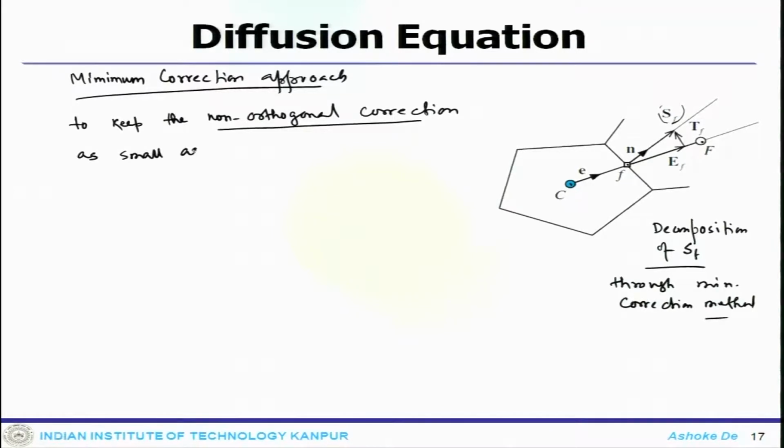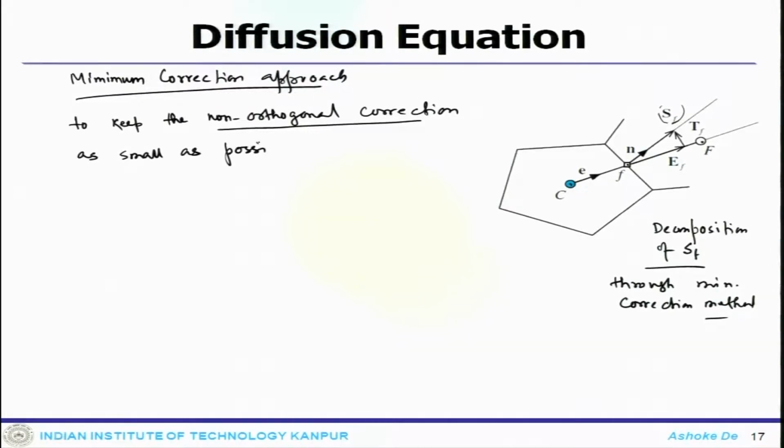Now, in this case, the idea is to keep the non-orthogonal correction, the contribution for the non-orthogonal part, as small as possible.